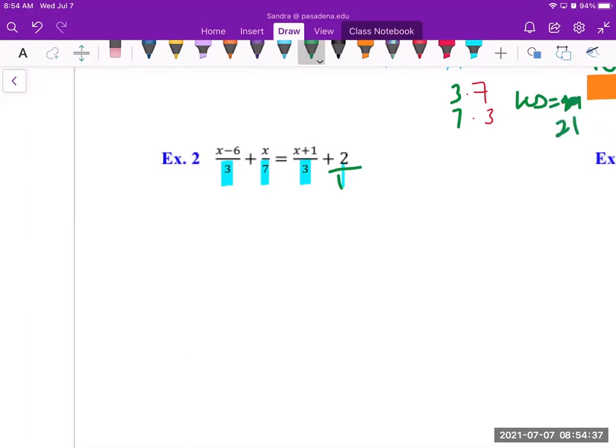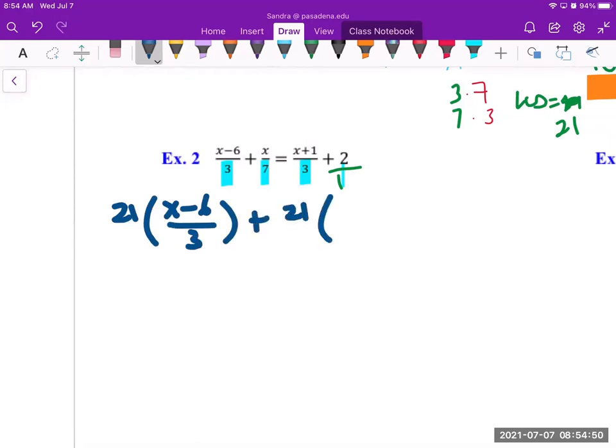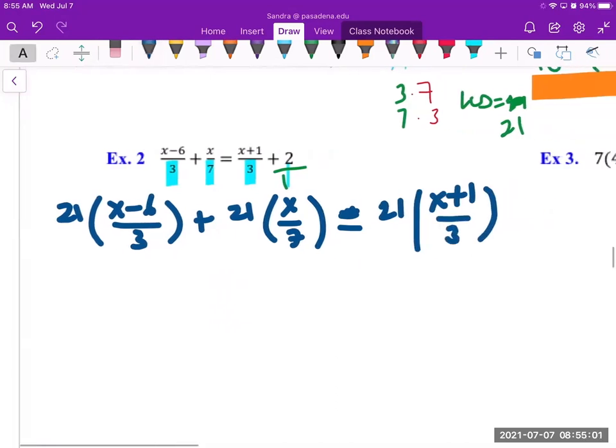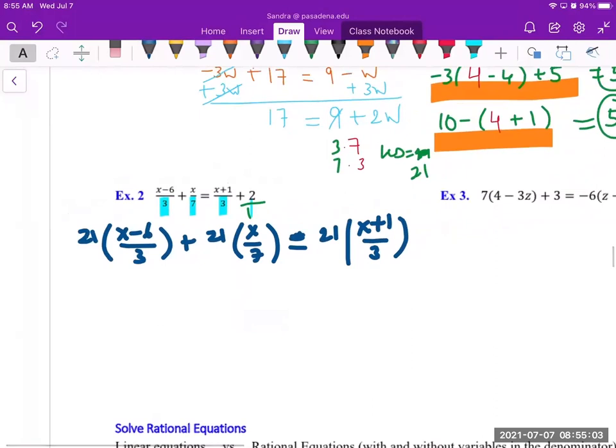Okay, so now I'm going to multiply each fraction by 21. So this is 21 times (x minus 6) over 3 plus 21 times x over 7 equal to 21 times (x plus 1) over 3 plus 21 multiplied by 2.